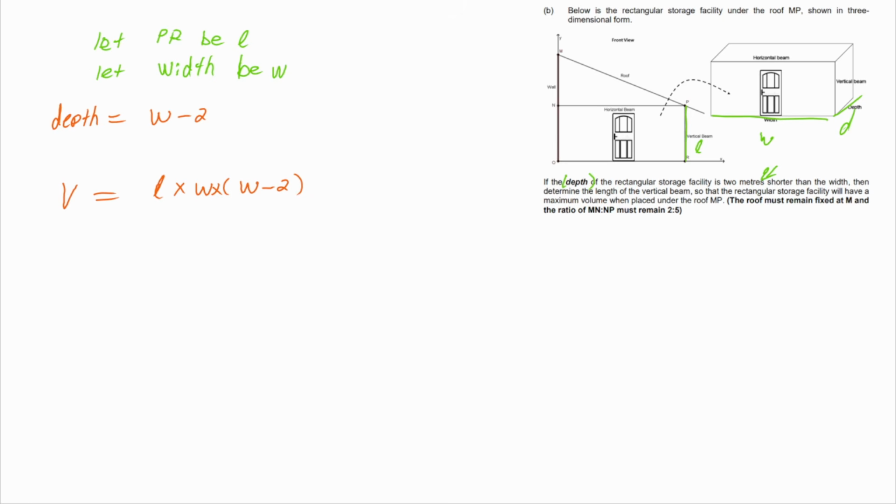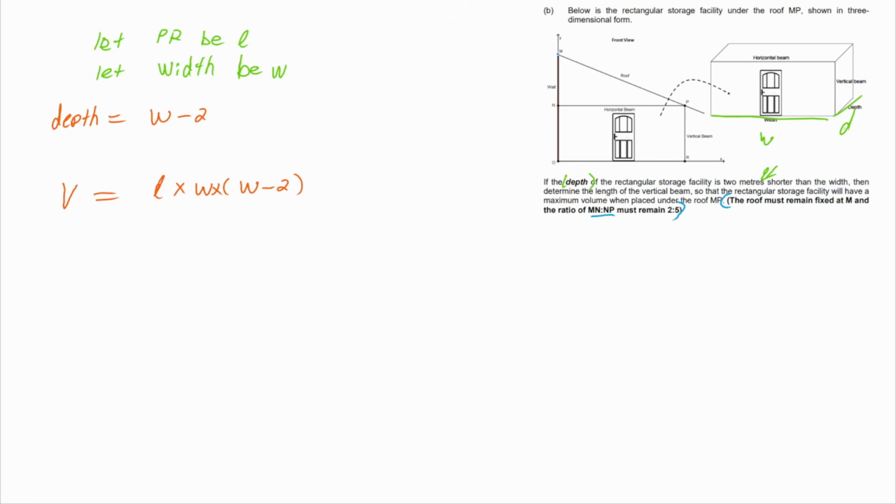But to optimize this, we need it to be 1 variable. So we need a connection between the length and the width. That's where this information in bold is probably going to come into force. They say that MN to NP must remain 2:5.